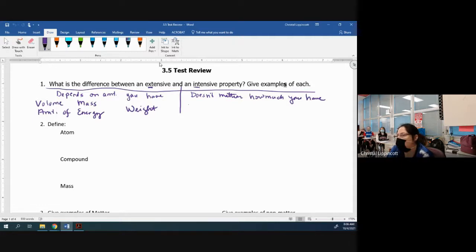Intensive would be like boiling point. It doesn't matter how much you have, it's going to boil at the same temperature. It may take more energy to get a sample to boil, but the boiling point, the temperature that happens at, is going to be the same. Density, melting point or melting temperature.